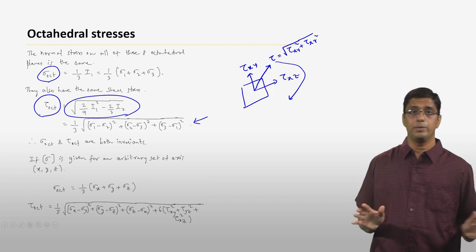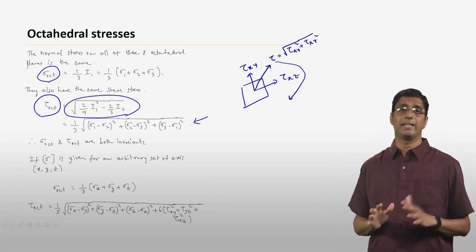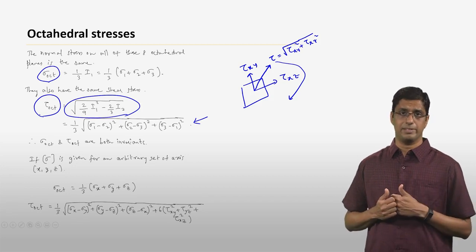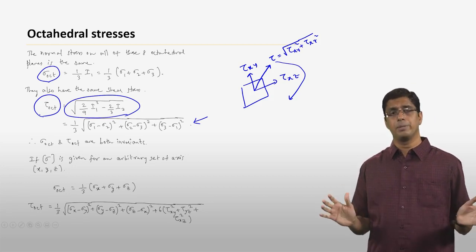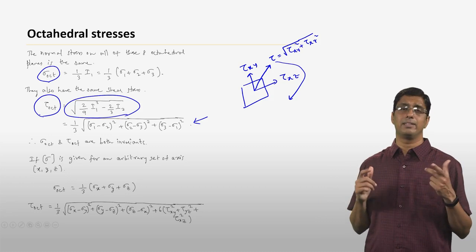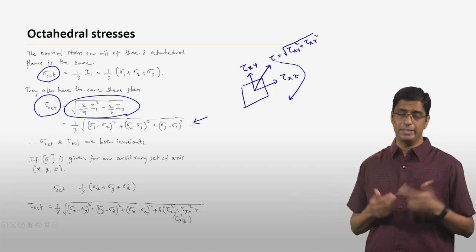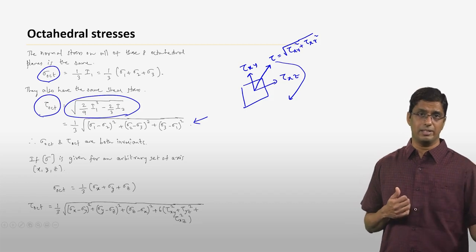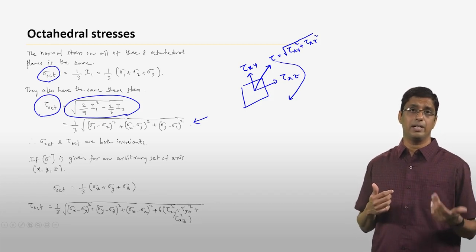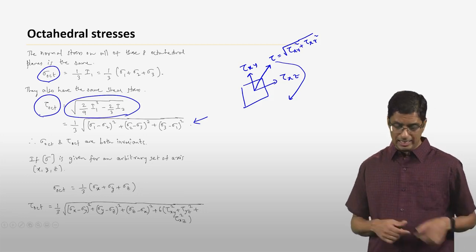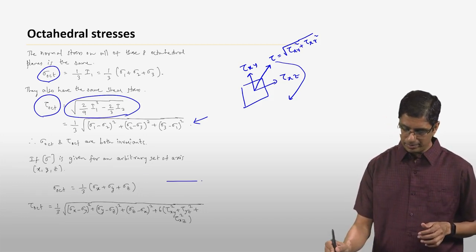This is the way to calculate sigma octahedral and tau octahedral if you already know the principal stresses. If you don't know the principal stresses and you are just given the stress matrix in an arbitrary coordinate system at a particular point, you can still calculate both sigma octahedral and tau octahedral using these 2 expressions.